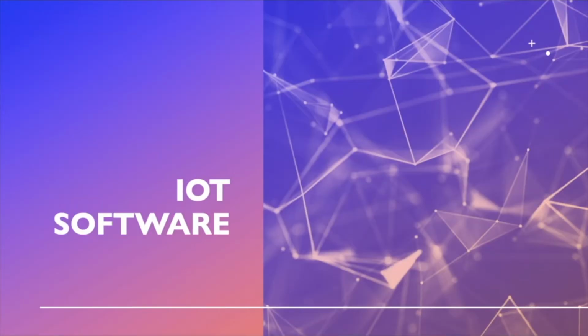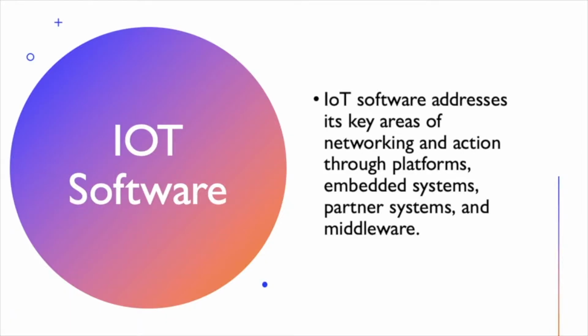IoT software. What is IoT software? IoT software addresses its key areas of networking and action through platforms, embedded systems, partner systems, and middleware. These individual and master applications are responsible for data collection, device integration, real-time analytics, and application and process extension within the IoT network.